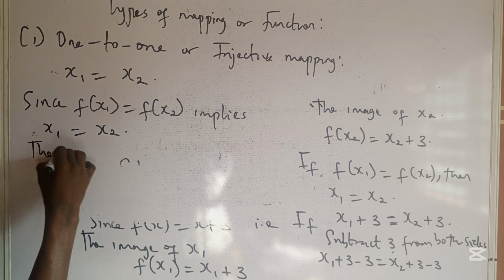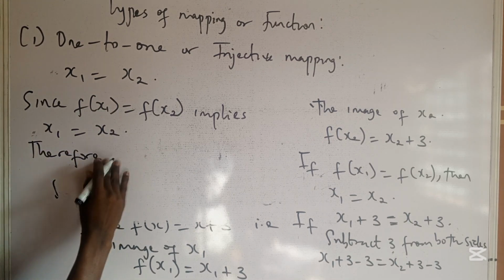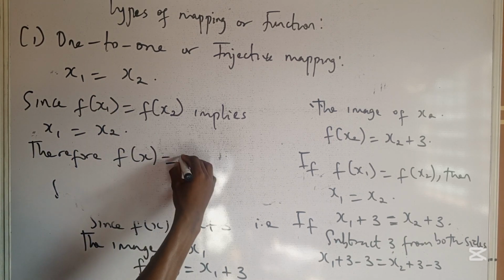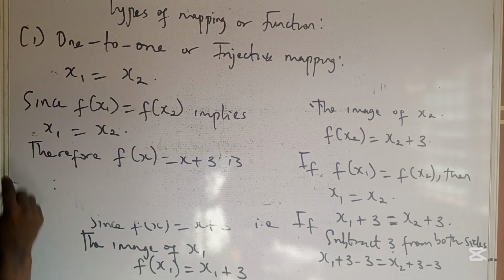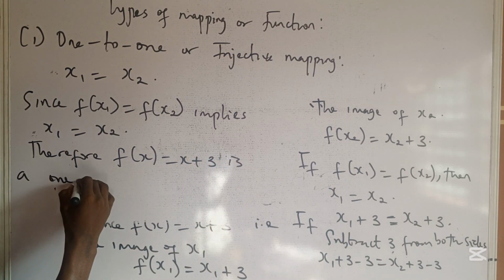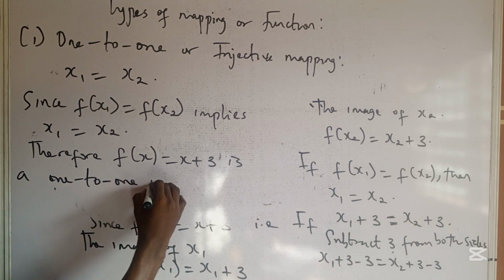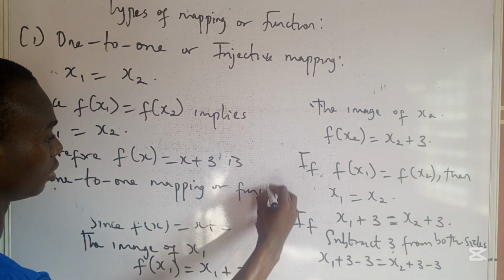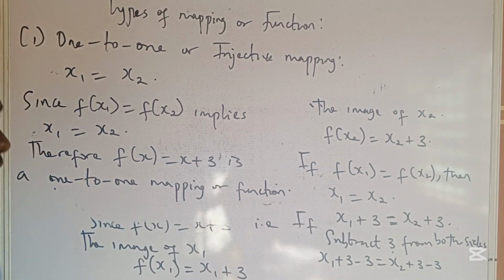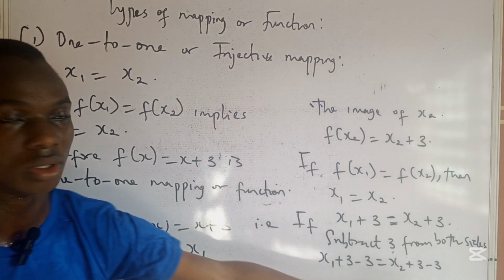Therefore, f of x equals x plus 3 is a one-to-one mapping or function, whichever you want to call it. So I just use this illustration to check it.